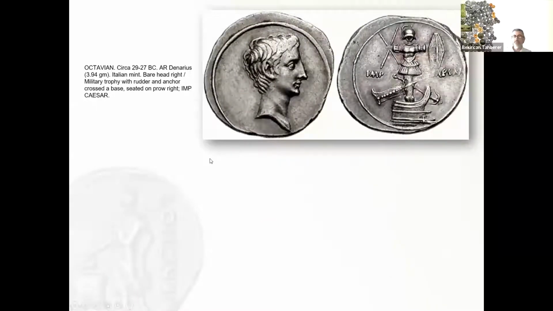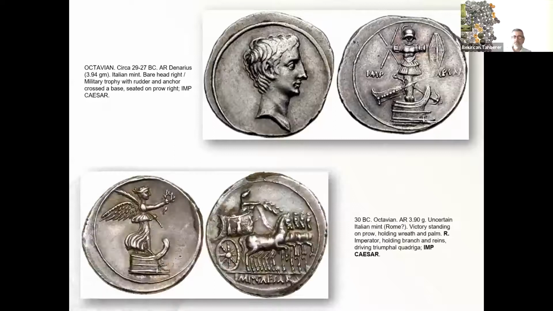He doesn't have to simply advertise himself as the son of that Caesar. He is Imperator now. And all the representations coming afterwards simply advertise his sole power.